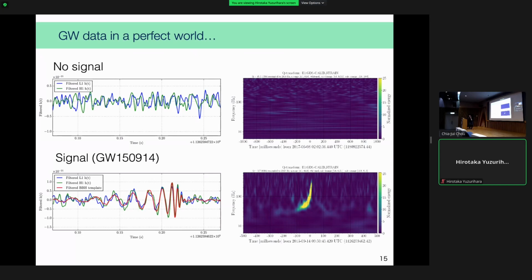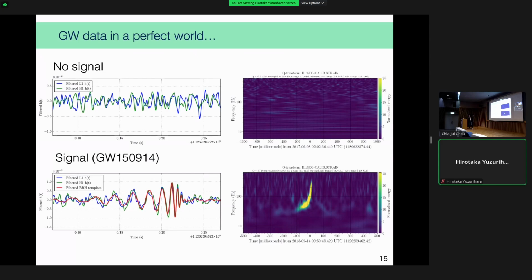Same as the top one, we can see the data. Also, the red one is a filtered binary black hole template, the waveform. The right image is a Q transform of the left data.